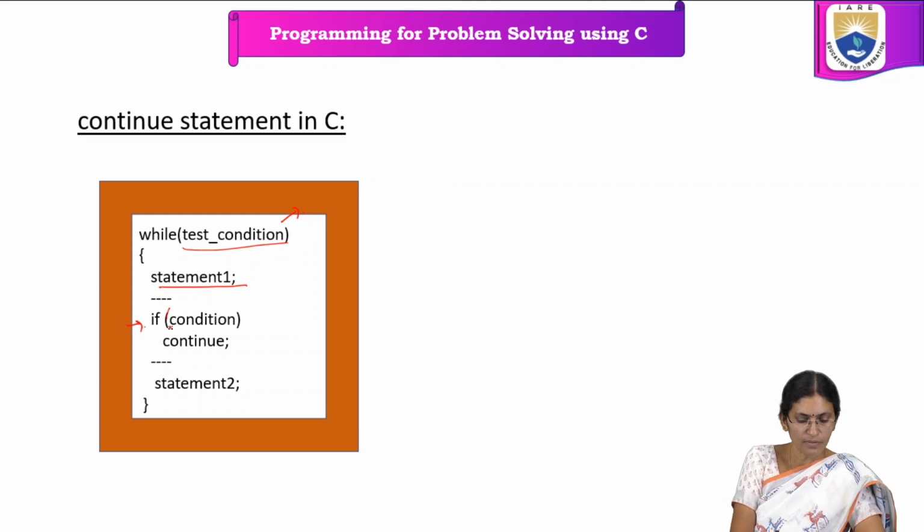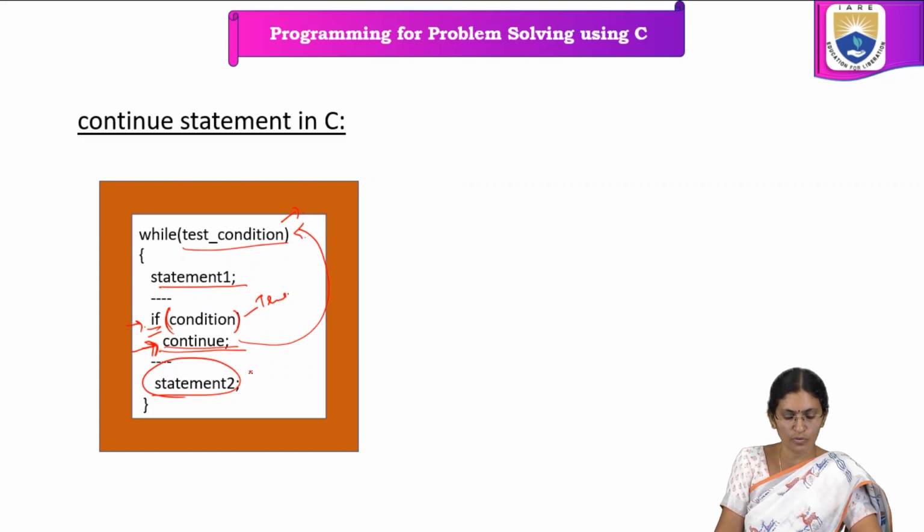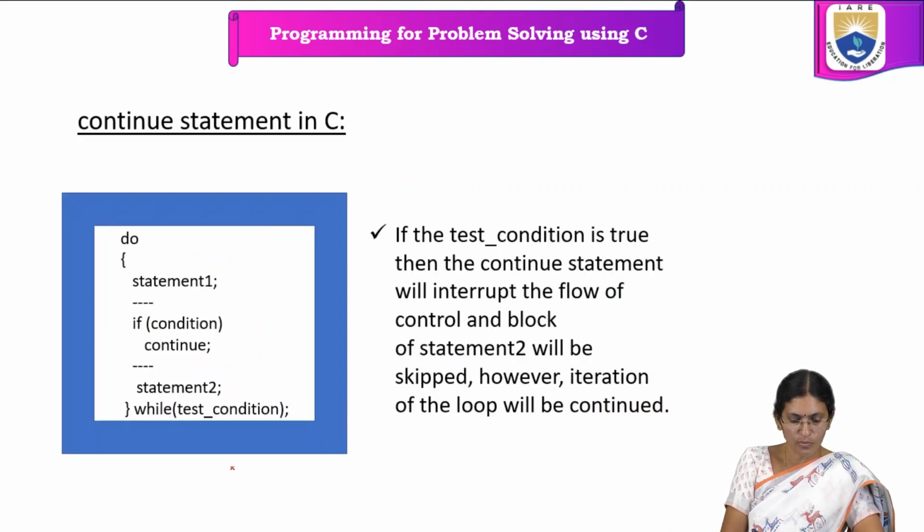In order to use continue, we write a simple if followed by a condition, and after that continue. If this condition also evaluates to true, then control is transferred to the continue statement, and then control is again transferred here. After that, whatever statements are there will be skipped and control is transferred again for testing the condition.